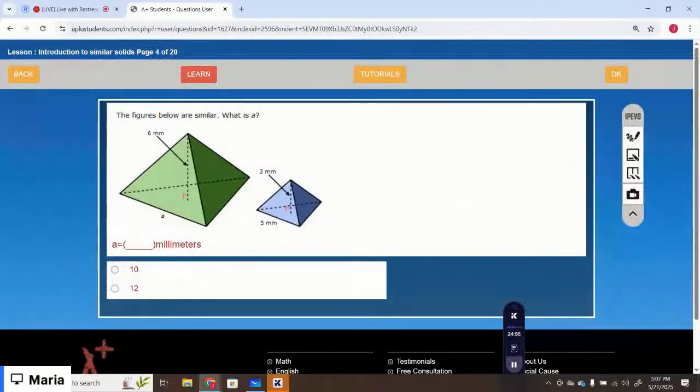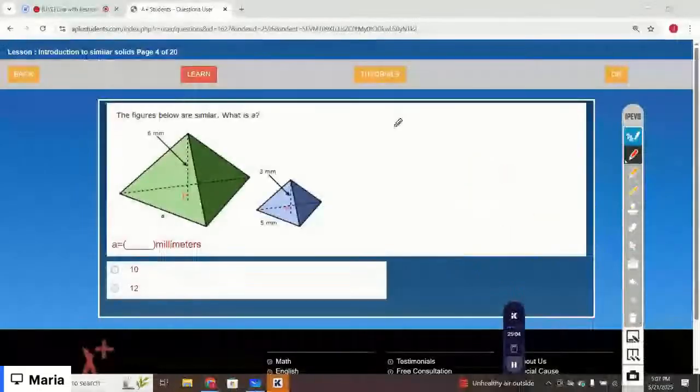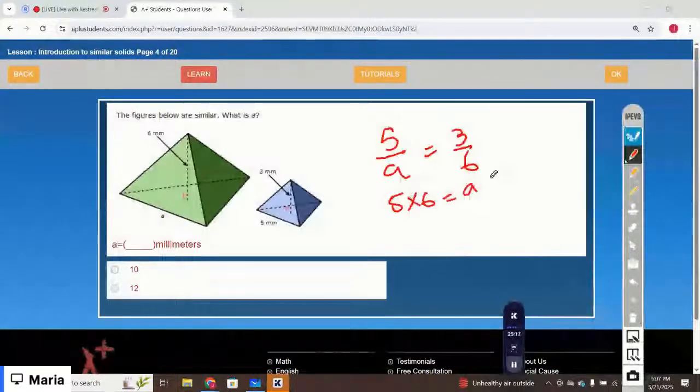The figures below are similar. What is A? So let's just make a proportion between their corresponding sides and calculate the missing side. 5 over A equals 3 over 6. So that is 5 times 6 equals A times 3, and divide both sides by 3. So that is 3 times 1 is 3, 3 times 2 is 6.